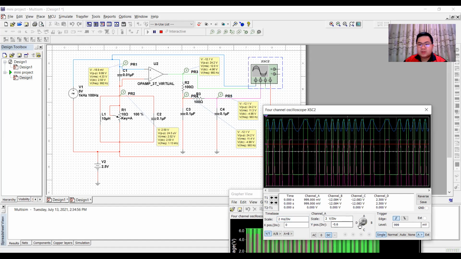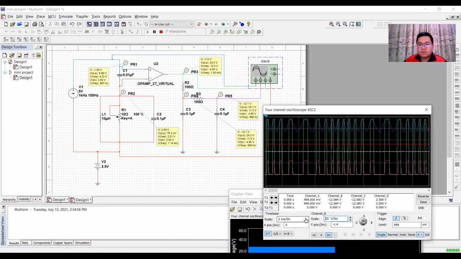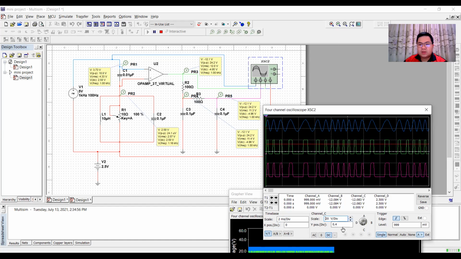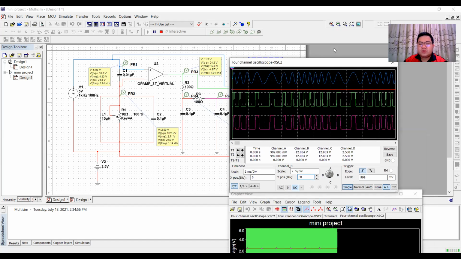Then okay. And continue to see. We can adjust it. And the D, we can adjust to the middle. So this is my output for the OPM circuit.